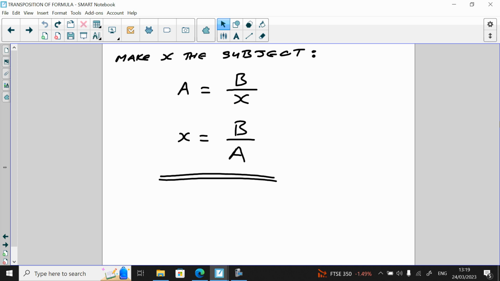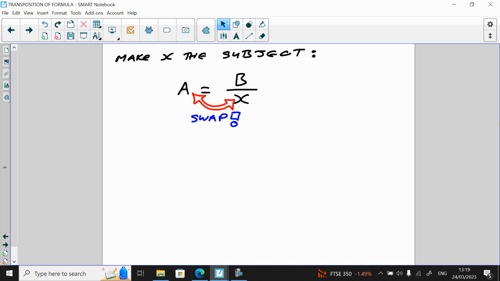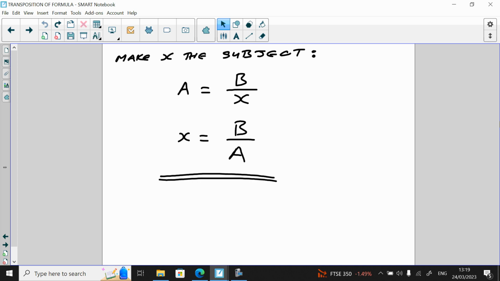You saw that in class, and you saw me do it, putting in an intermediary line. Just go for that. That is fine. Just go for the straight swap. Please take that on board. Don't touch whatever's in the top of the fraction. Leave it. It's got nothing to do with x, the subject matter.